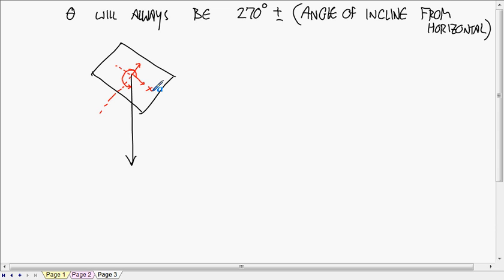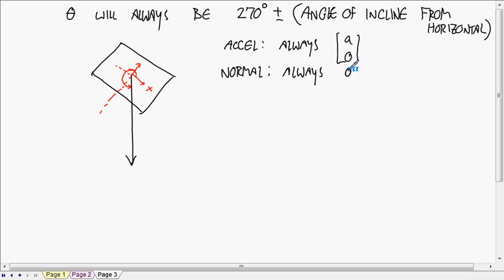Does that help? Okay. So the normal force is always, yeah. So the acceleration vector is always going to be A, 0. The normal force vector is always going to be 0, N. Okay?